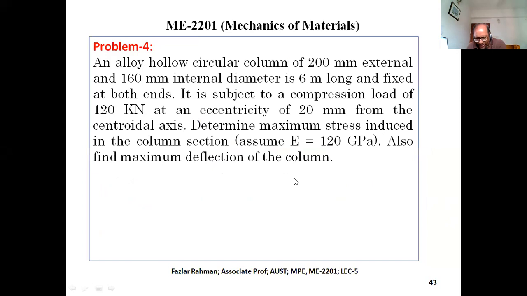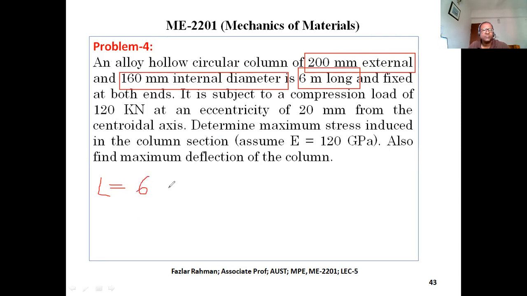Now we can solve a problem. It says an alloy hollow circular column of external diameter 200 millimeter, internal diameter 160 millimeter, and 6 meter long. So 6 meter long means the length of the column is 6 meter.